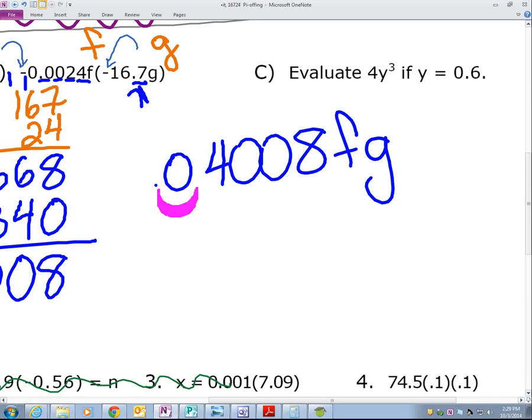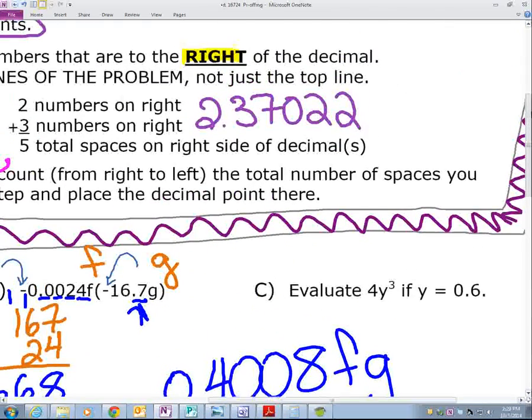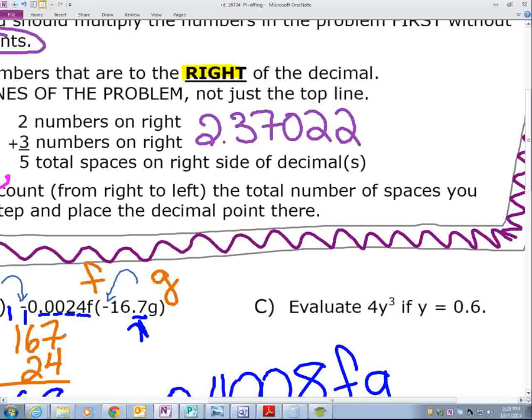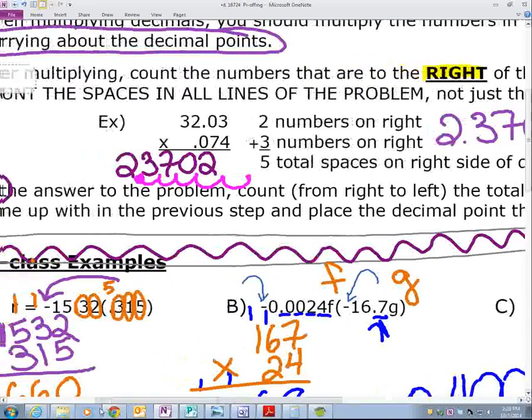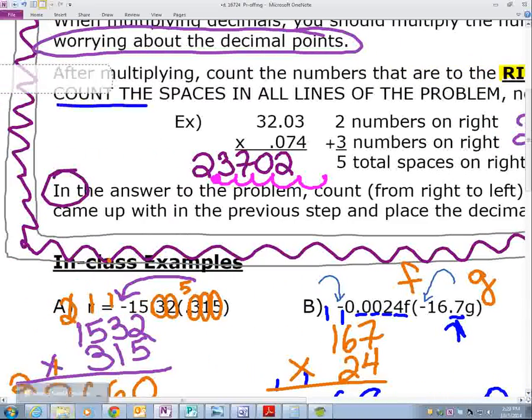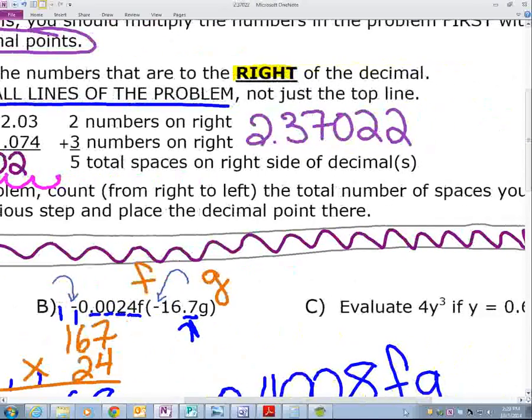Let me reiterate just to make sure that you're not just saying that, okay? The reason why we count how many decimal points there are is because of what it says right here. Count the spaces in all lines of the problem, not just the top line.